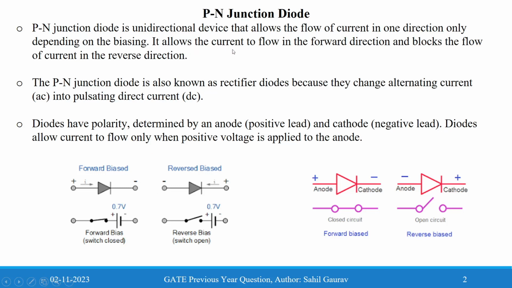And it allows the current to flow in the forward direction and block the flow of current in the reverse direction. And this PN junction diode is also known as rectifier diodes because they change alternating current into pulsating direct current. We will see how it converts this AC current into pulsating DC current.